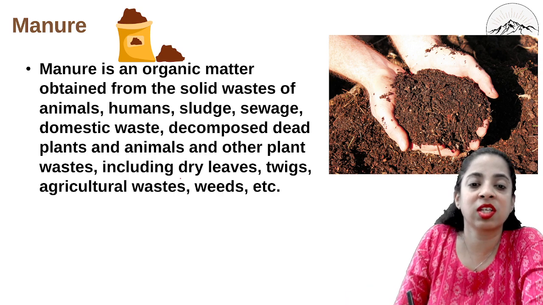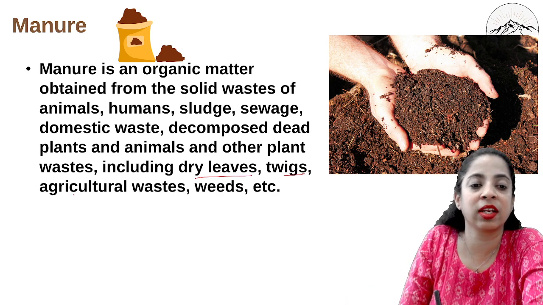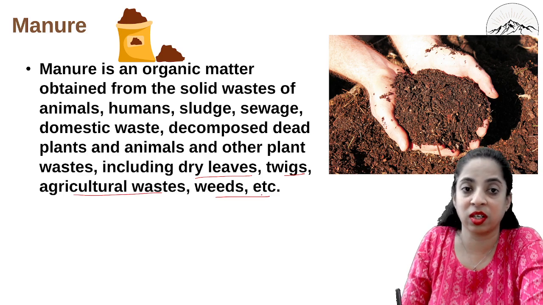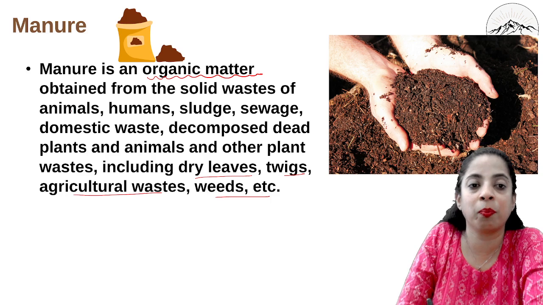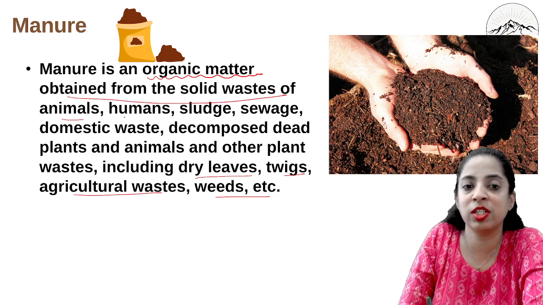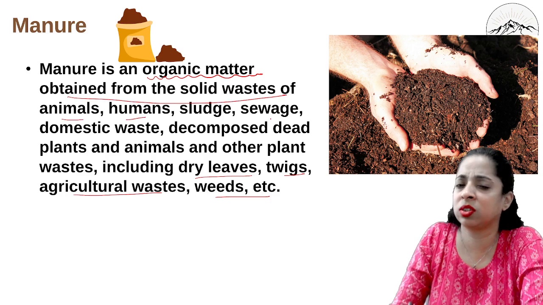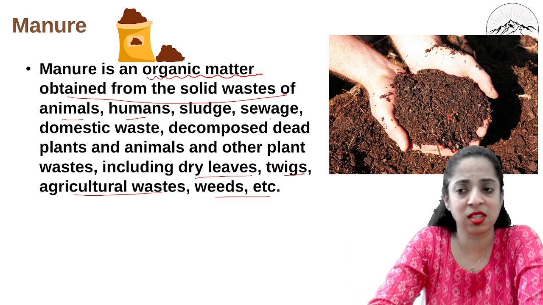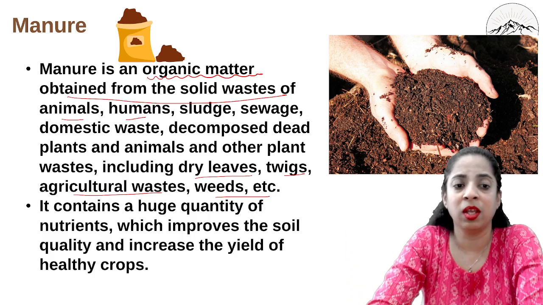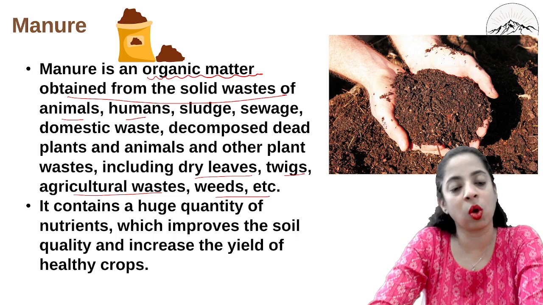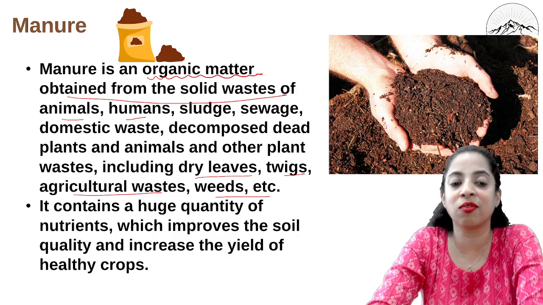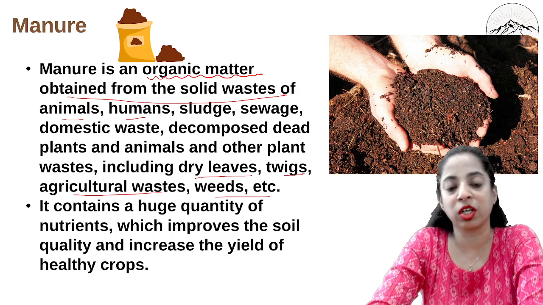Now the plant waste can include dry leaves, twigs, agricultural waste, weeds, etc. So basically you have to remember manure is organic matter obtained from solid waste of animals, humans, sludge, sewage, domestic waste, agricultural waste, etc. Now it contains a huge quantity of nutrients which improves the soil quality and increases the yield of healthy crops. Yield means production of healthy crops.